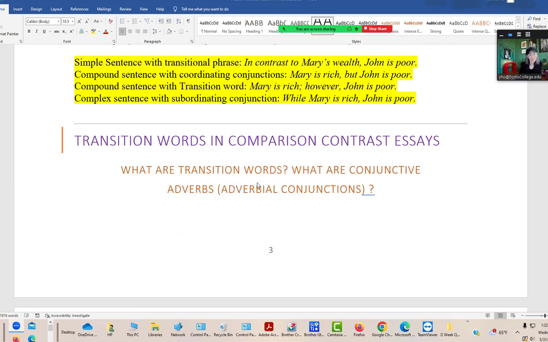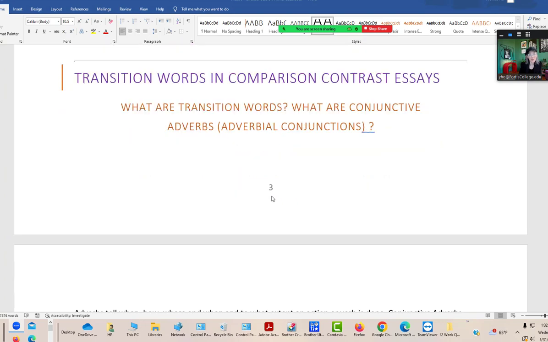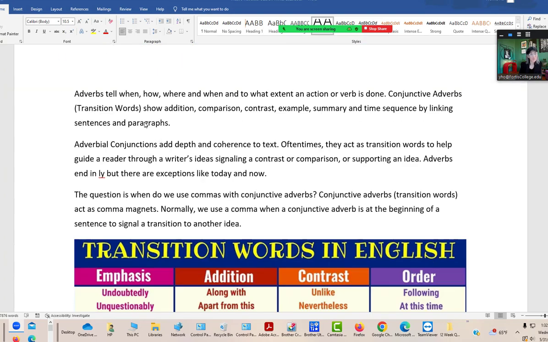What are transition words? What are conjunctive adverbs or adverbial conjunctions? And so adverbs tell when, where, how, and to what extent an action or verb is done. Conjunctive adverbs or transition words show addition, comparison, contrast, example, summary, and time sequence by linking sentences and paragraphs.